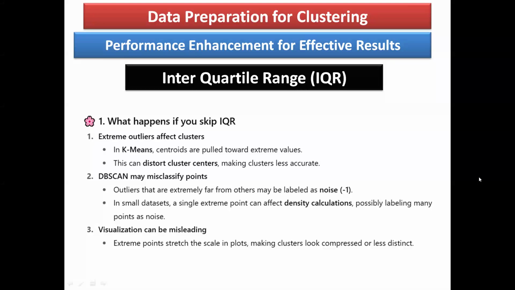Because when we apply centroid, when we apply DBSCAN or any other technique, in every iteration some calculations are done. If we have some value that is out of bound, that is abnormal, the centroid will be calculated from that abnormal value also.